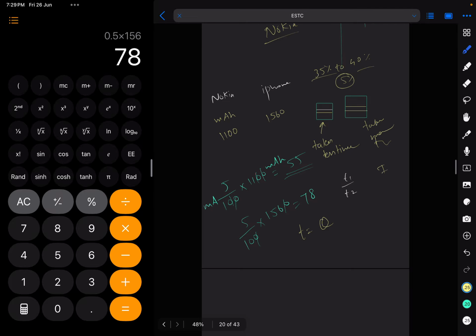I is equal to Q by T, so T is equal to Q by I. I gets cancelled for the two, so it's just Q. The 5% charging has nothing to do with the mA unit at all. So it's just 55 by 78.